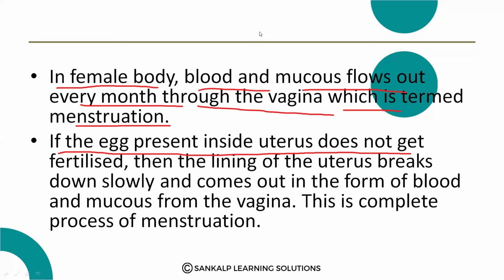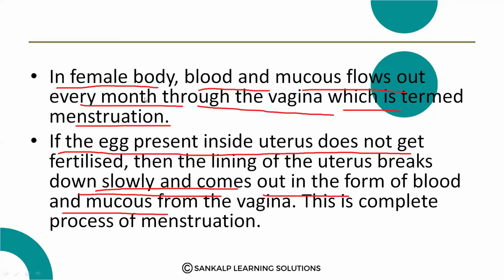First one, barrier methods. In this method, fertilization of the ovum and sperm is blocked. One can use condoms as a barrier, so they prevent the meeting of the ovum and the sperms.